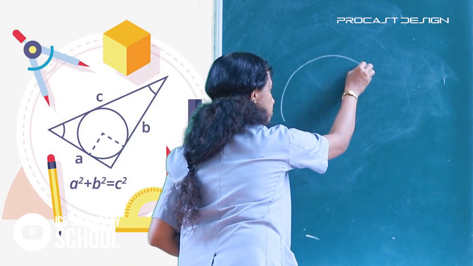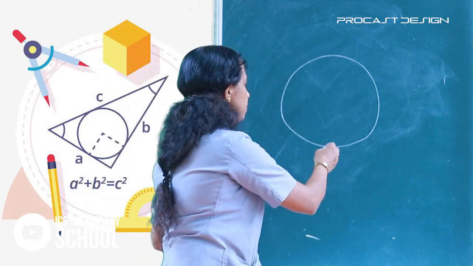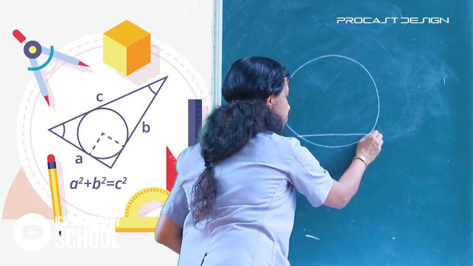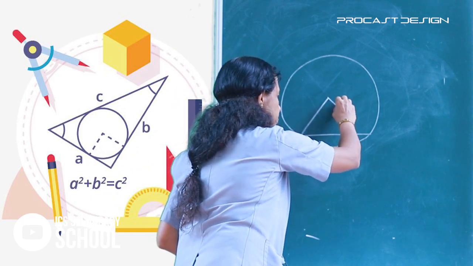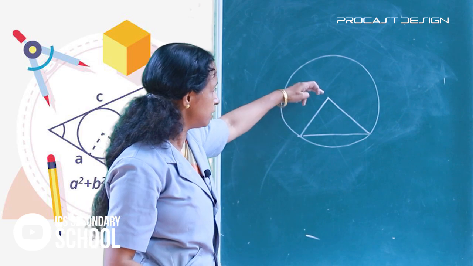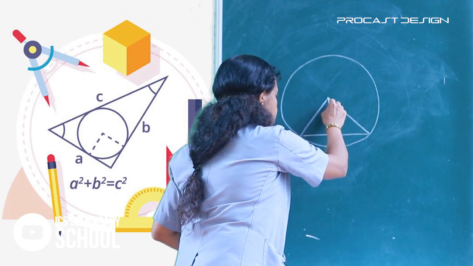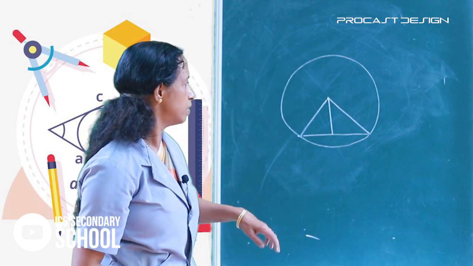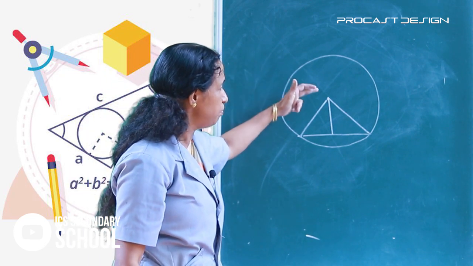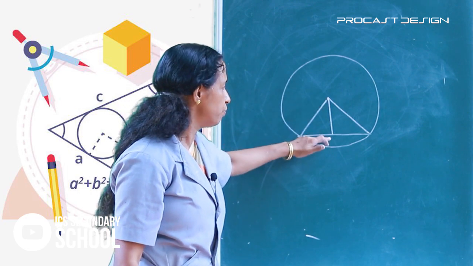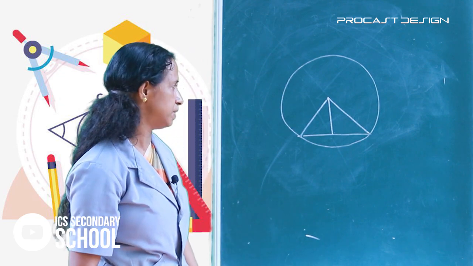First, draw a circle. Here, this is a chord of the circle. The third vertex of this isosceles triangle, look here: what is the relation between the third vertex and the midpoint of the base?